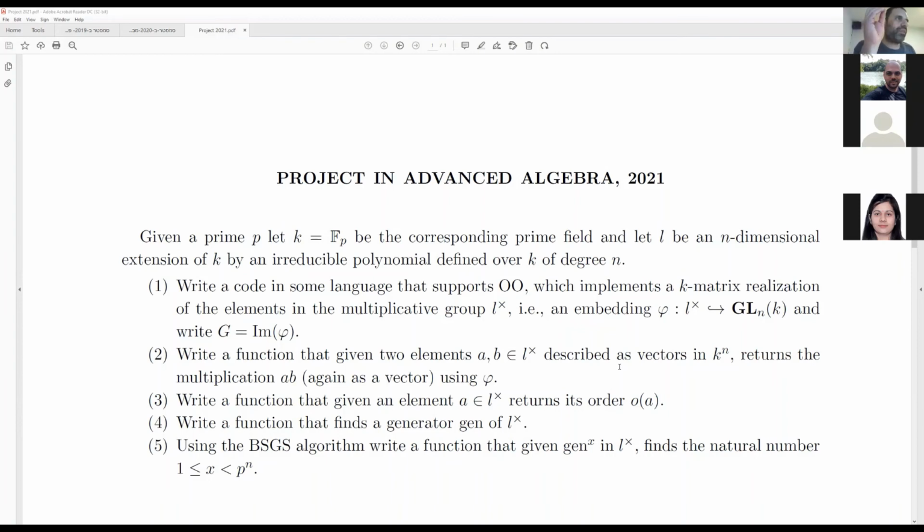5. Using the baby step, giant step, you have to create some hashing table to go in steps of the square root of p to the power of n minus 1. Okay, this is the giant steps.